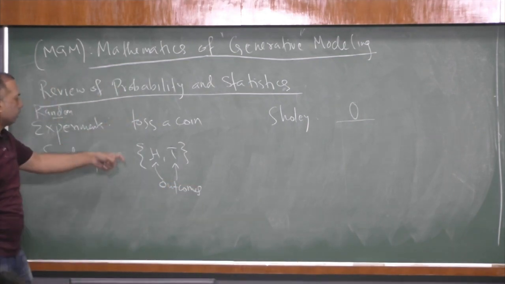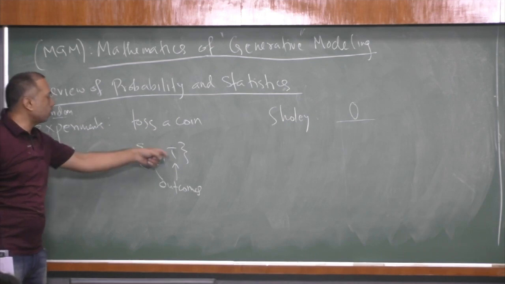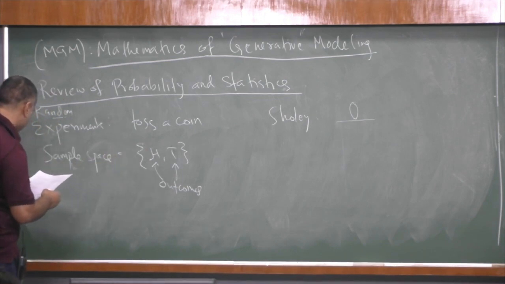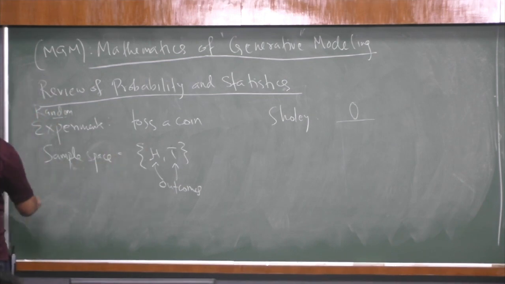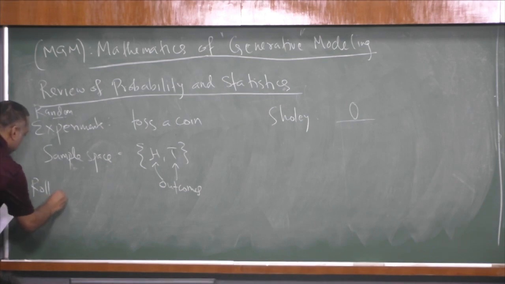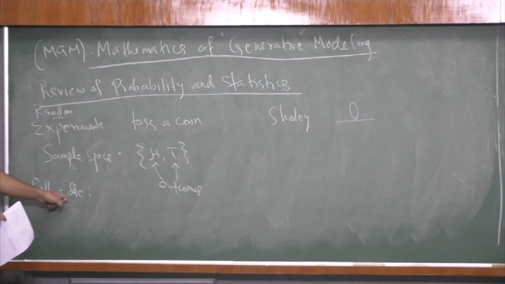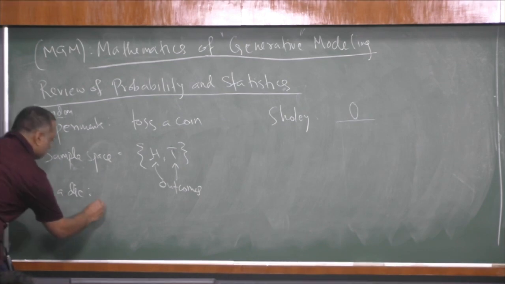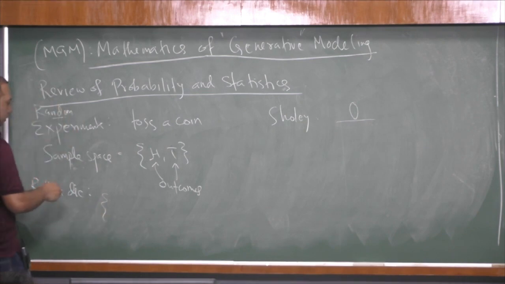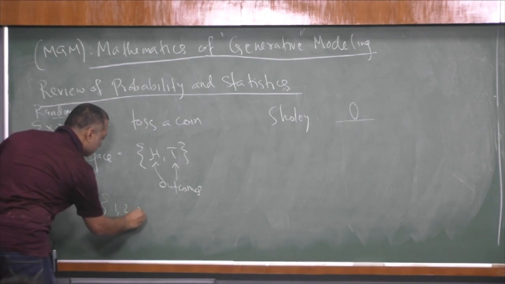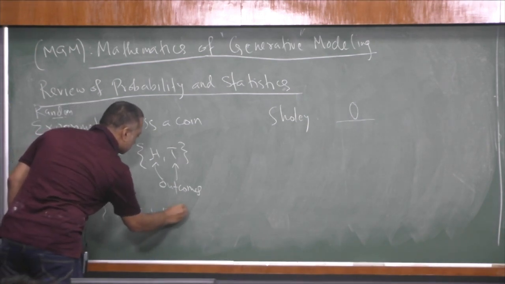Obviously, when I do one experiment, not both outcomes are possible. So one of the outcomes is possible, right? If I do an experiment, the sample space is the collection of all those. If I roll a die, a six-sided die, the outcomes are the numbers on the top of the die. So it could be 1, 2, 3, 4, 5, 6.